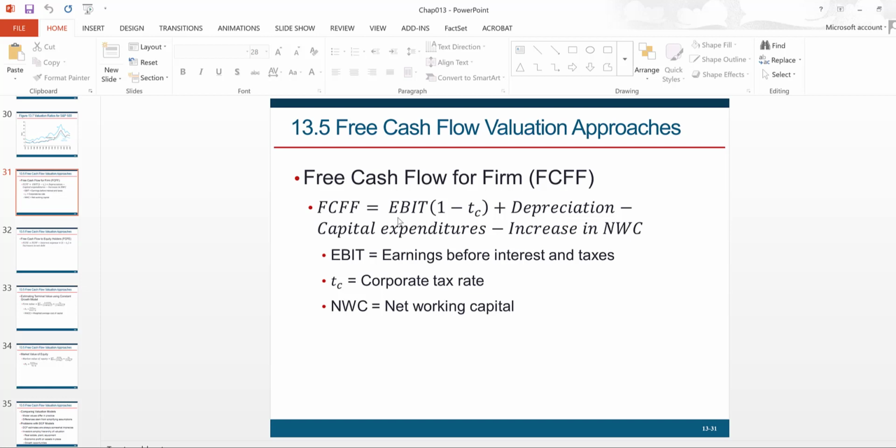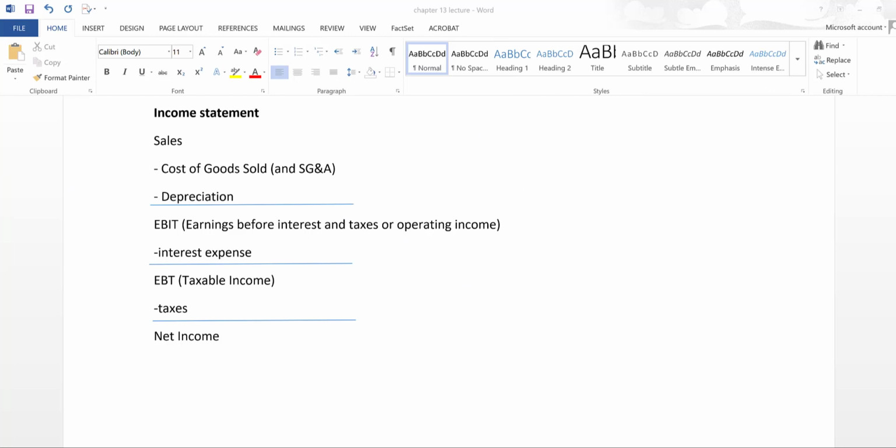Now, the reason we do not include the interest expense here, remember interest expense is a real cash flow. The company actually pays interest to its creditors, or bondholders. So the interest expense is an actual expense. It's an actual cash outflow.